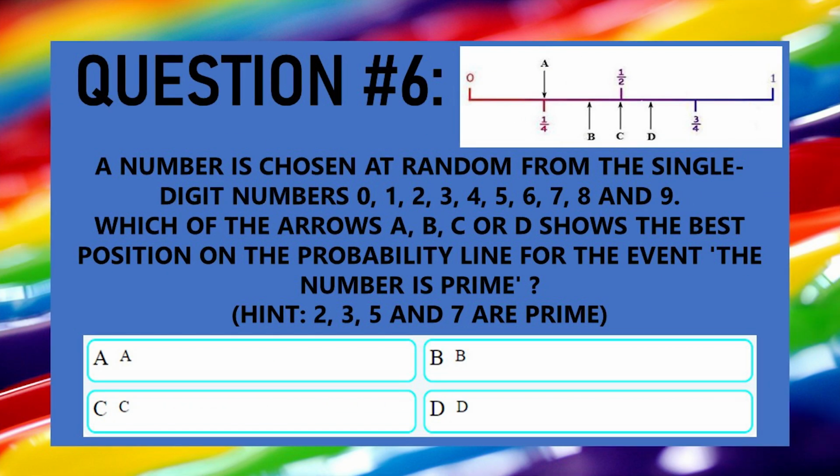Question number 6. A number is chosen at random from the single-digit numbers 0, 1, 2, 3, 4, 5, 6, 7, 8, and 9. Which of the arrows A, B, C, or D shows the best position on the probability line for the event the number is prime? Hint: 2, 3, 5, and 7 are the primes.